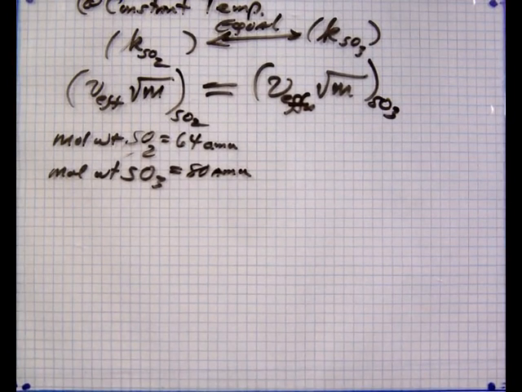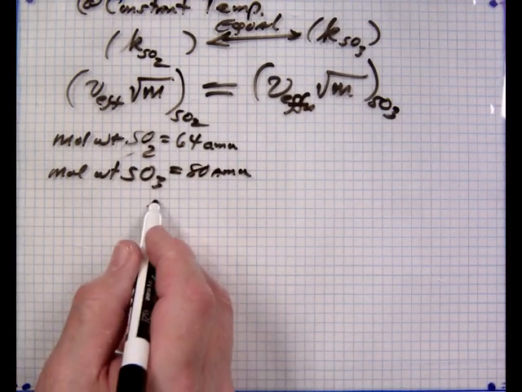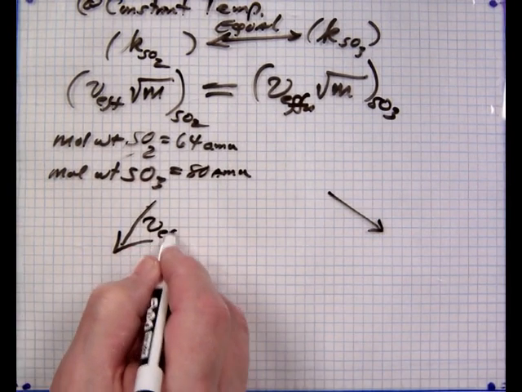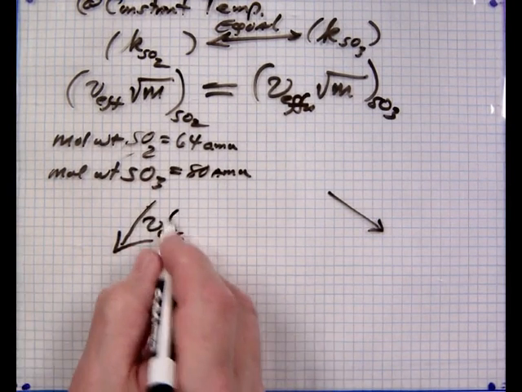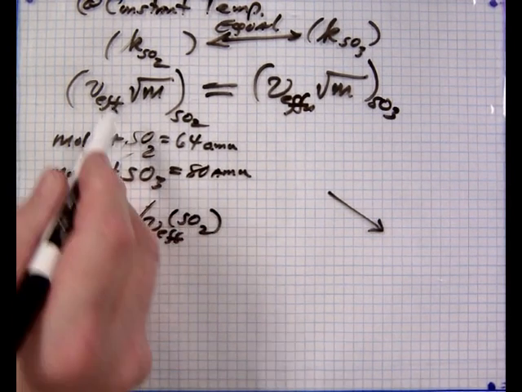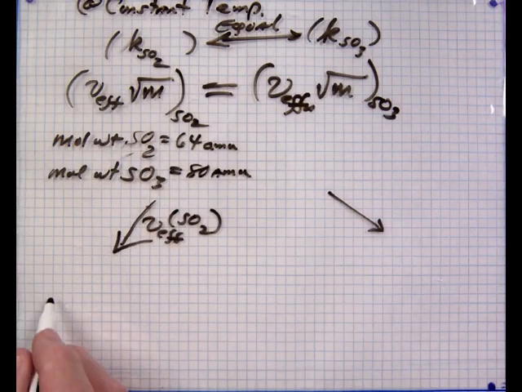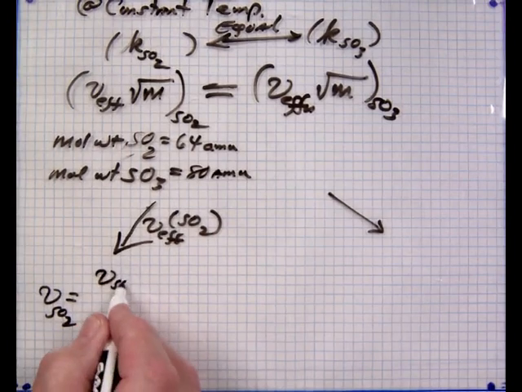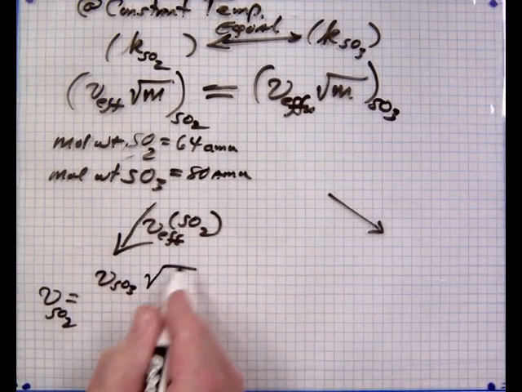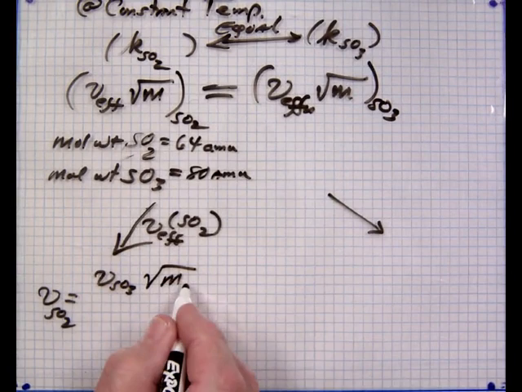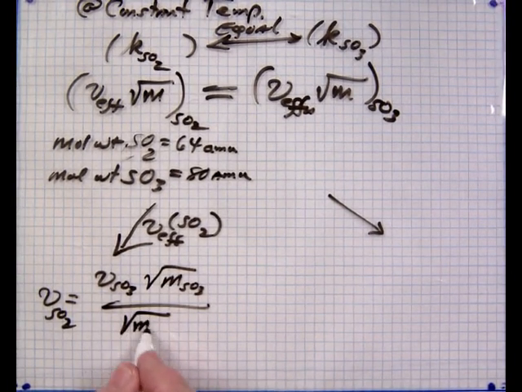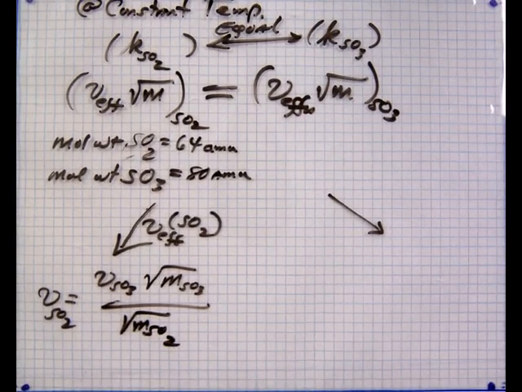Okay. From this equation, you can solve for velocity of effusion of, say, SO2. That would be this one. So velocity of SO2 is equal to the velocity of SO3 times the square root of the mole weight of SO3 divided by the square root of the mole weight of SO2, like that.